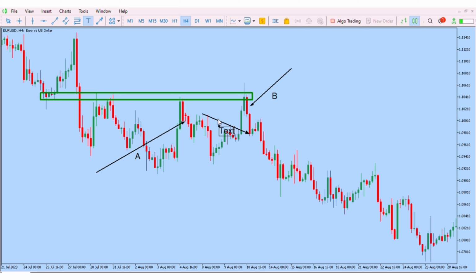Here is point C. And this is a good entry point to go short. But selling at this point is a little tricky, because there is still a lower support below, yet to be broken.